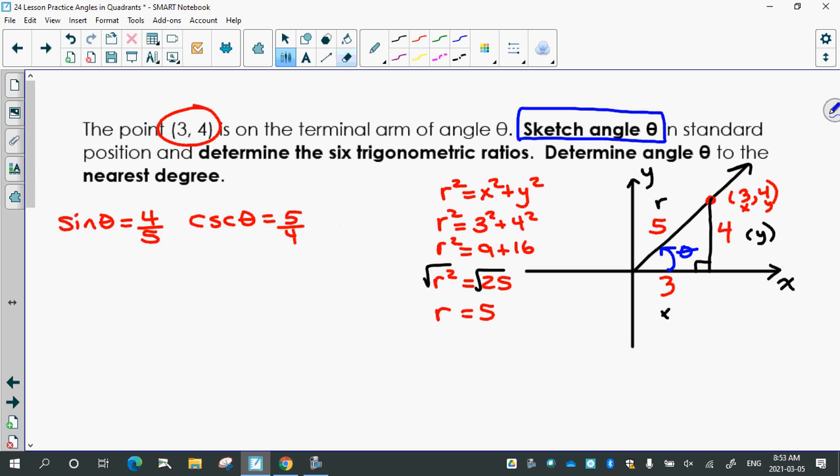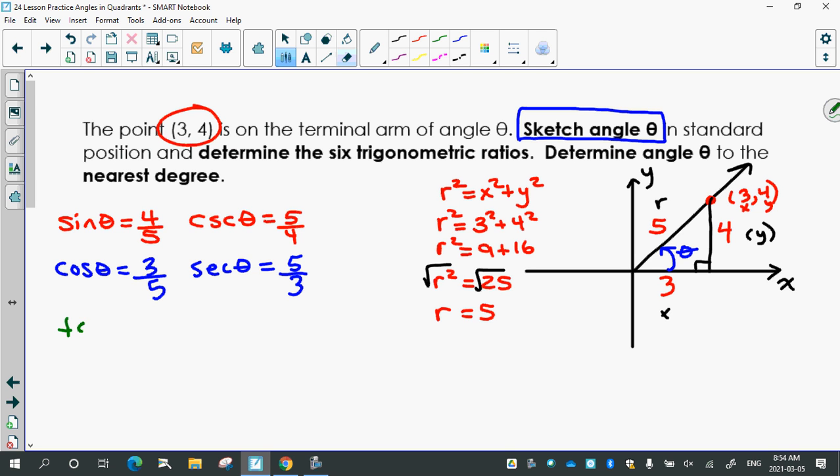And then cosine theta is always x over r, so for us that's 3 over 5. And secant theta is the one it's paired with, flipped upside down, so 5 over 3. And then tan and cotangent.